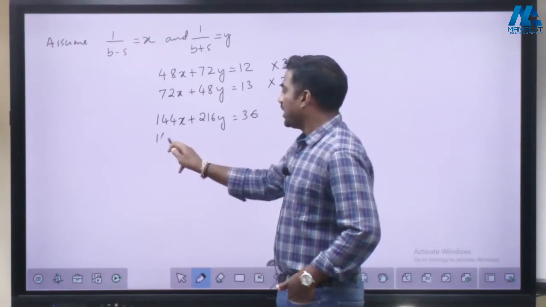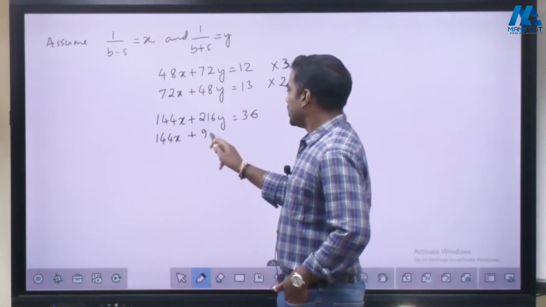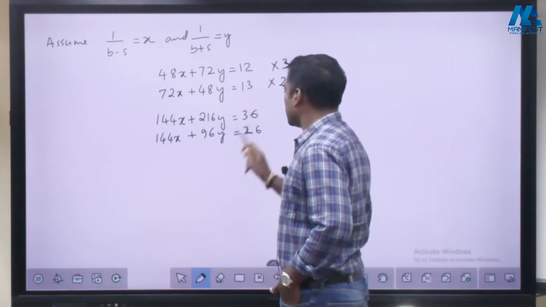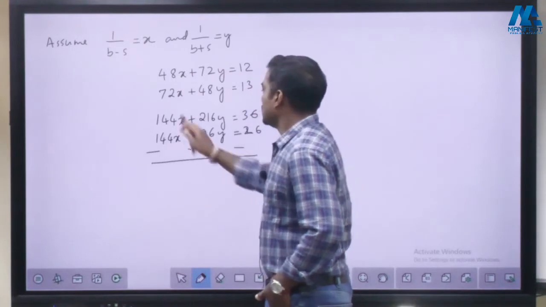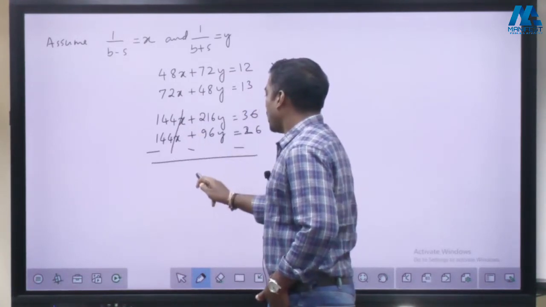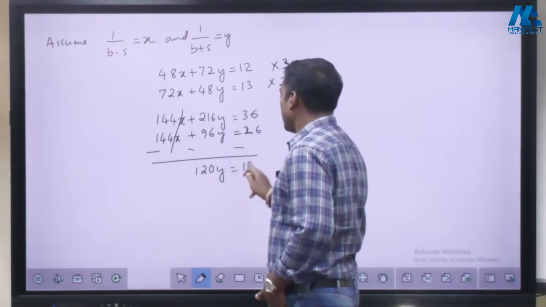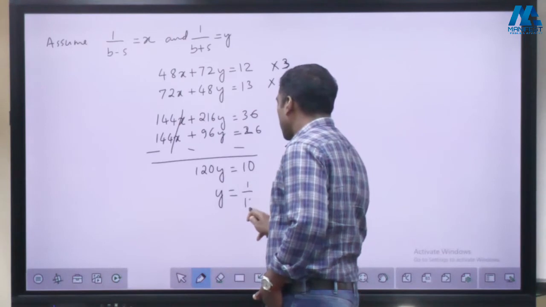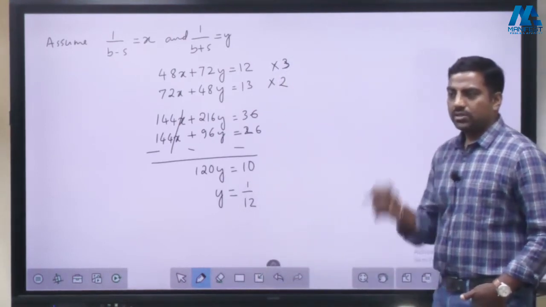Similarly, 144X plus 96Y is equal to 26. Minus, minus, minus. So here 120Y is equal to 10. So Y is equal to 1 by 12.